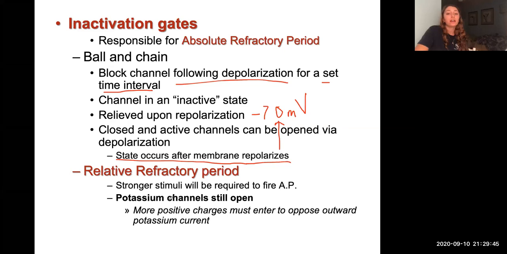Sodium channels are still open, and it hyperpolarizes, so it goes below negative 70, maybe up to negative 90, and more positive charges are needed to cause it to go back to threshold, which is negative 55. Once it goes below negative 70, it needs a stronger stimulus to get back to threshold, which means it needs more positive charges. Do you understand what I'm saying?